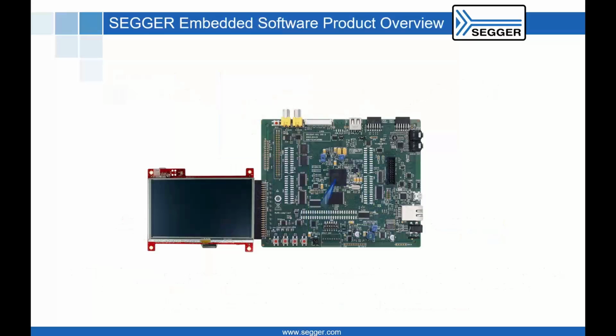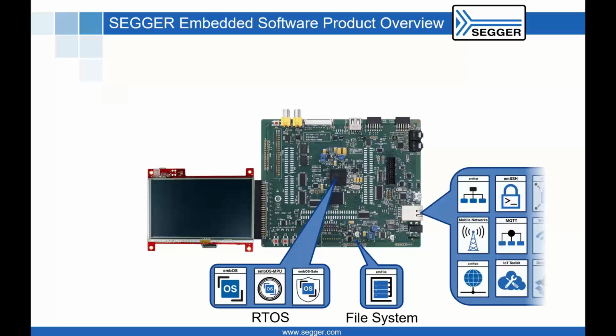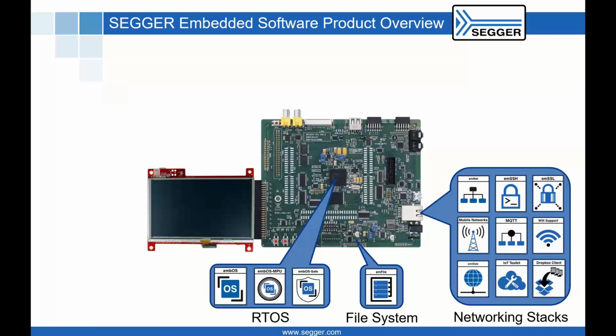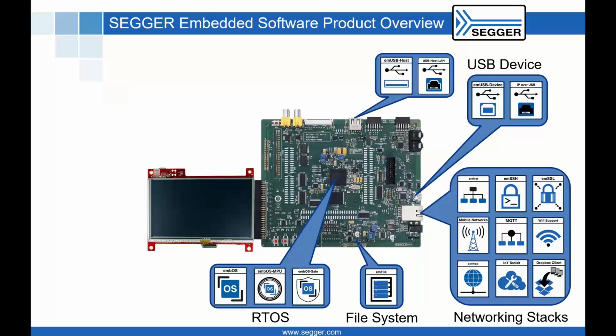So here's just a quick overview on what we have to offer in terms of embedded software. We have the RTOS, which of course is the focus of today's webinar. We also have a file system called emFile. We have lots of stacks and utilities for networking. We also have USB device and USB host stacks.